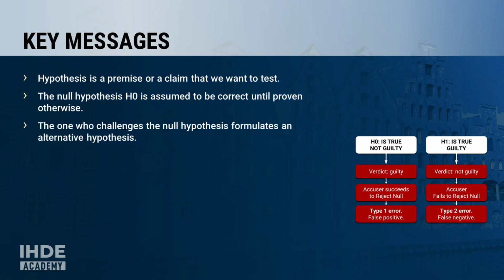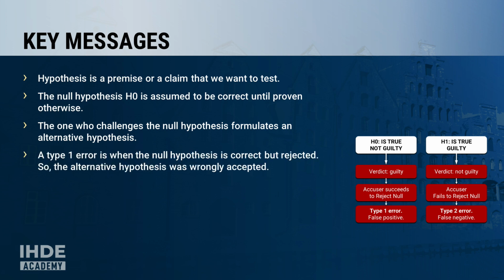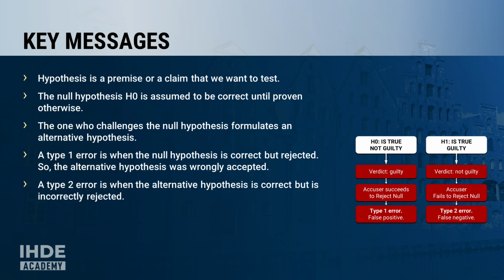The one who challenges the null hypothesis formulates an alternative hypothesis. A type 1 error is when the null hypothesis is correct but rejected. So the alternative hypothesis was wrongly accepted. A type 2 error is when the alternative hypothesis is correct but is wrongly rejected.